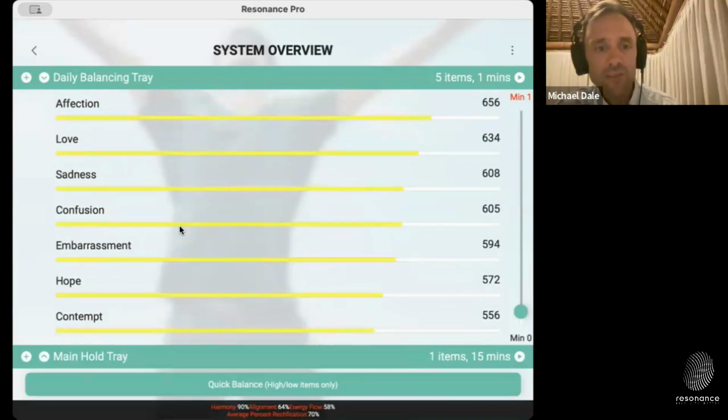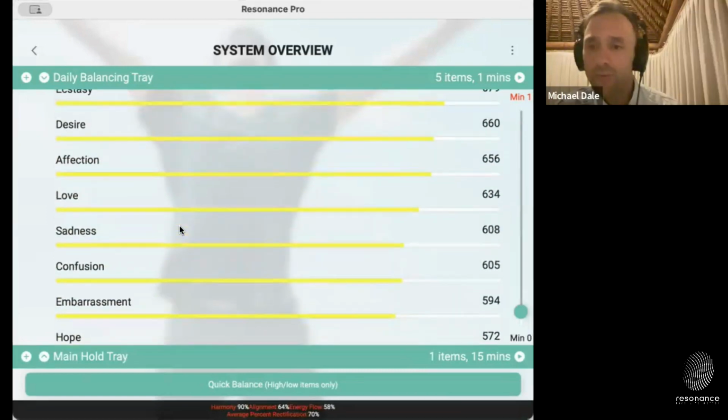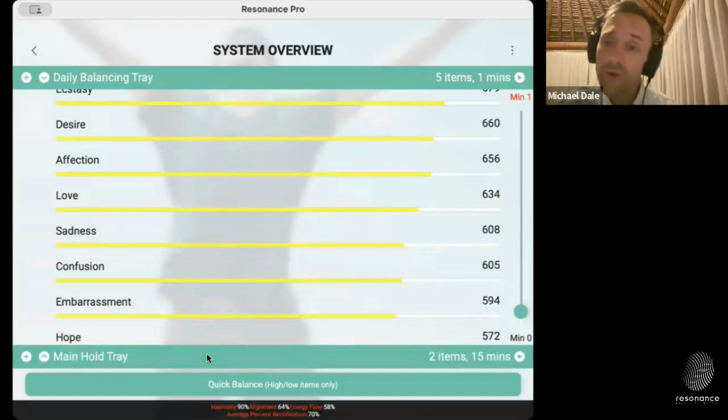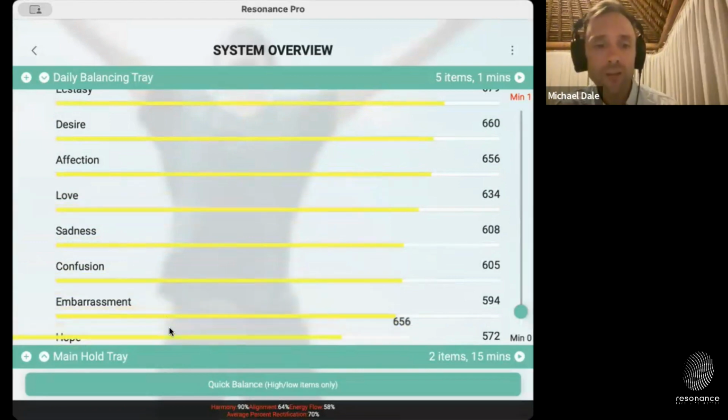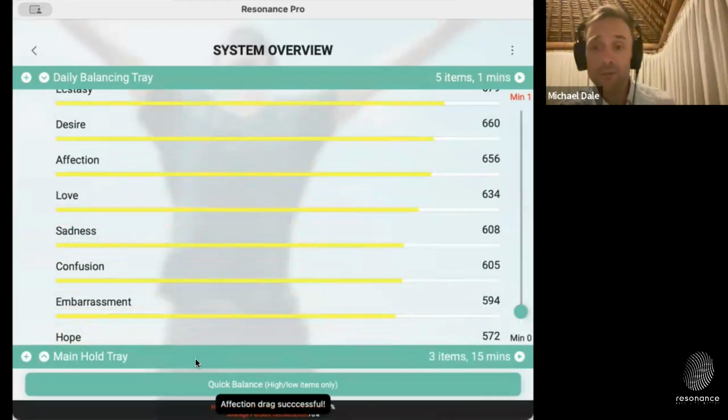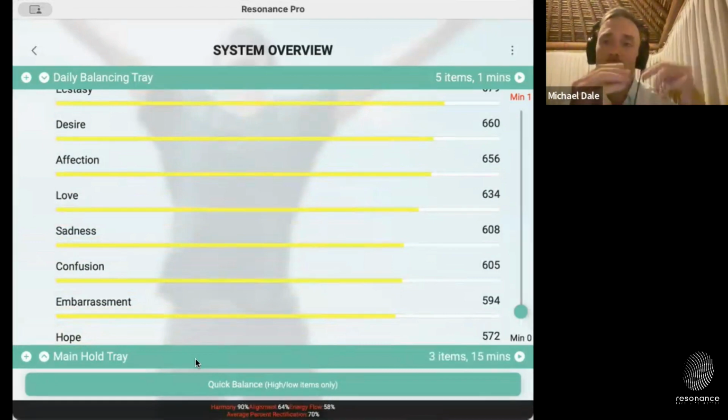And love is another very good one, just to give ourselves some love. Often we're very critical of ourselves. We're often very good at loving other people, but not so good at loving ourselves. It's the case for many people. Affection, we're often very good at giving affection to others, but not very good at giving affection to ourselves sometimes.